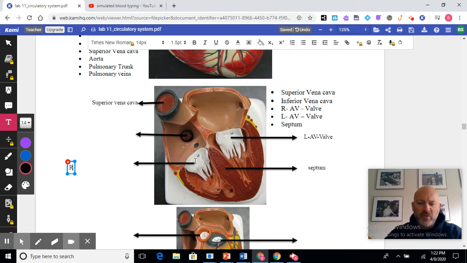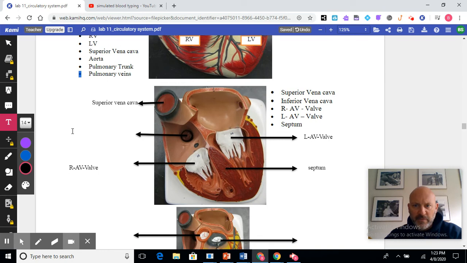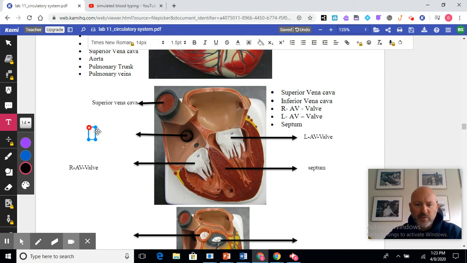This is the right AV valve. This is the pulmonic valve. Oh, no, never mind. This is the inferior vena cava, excuse me.